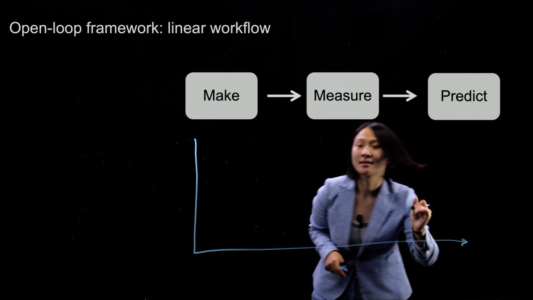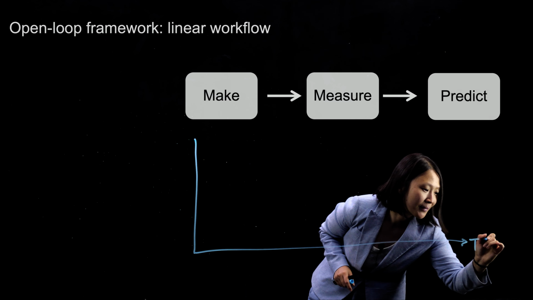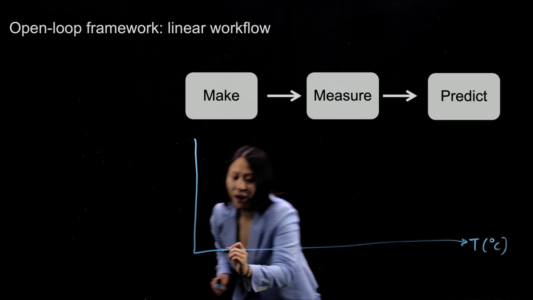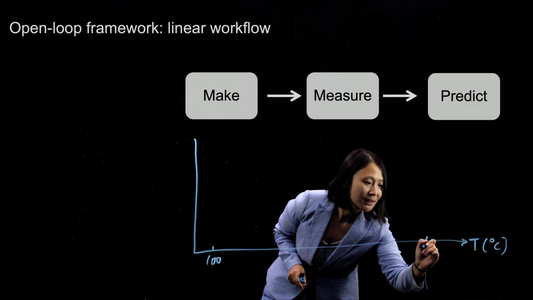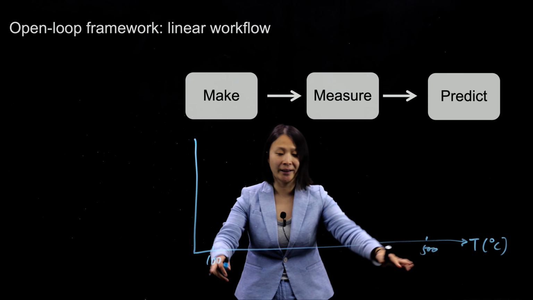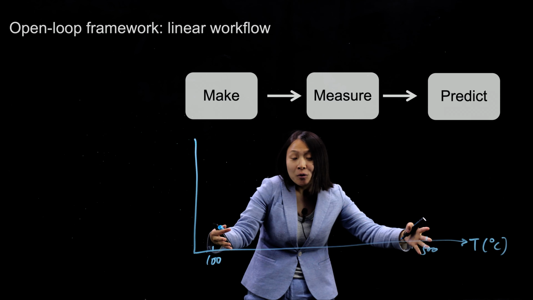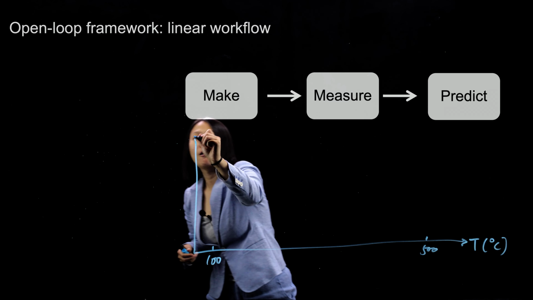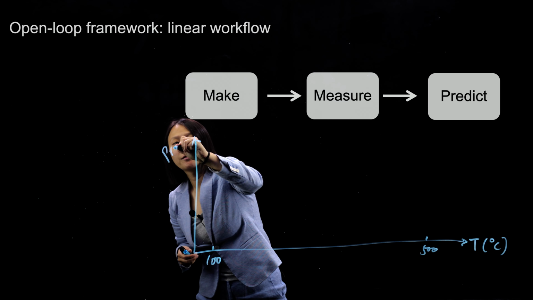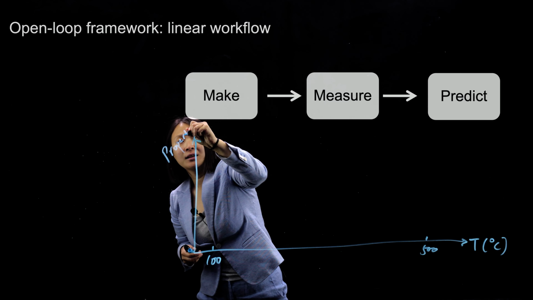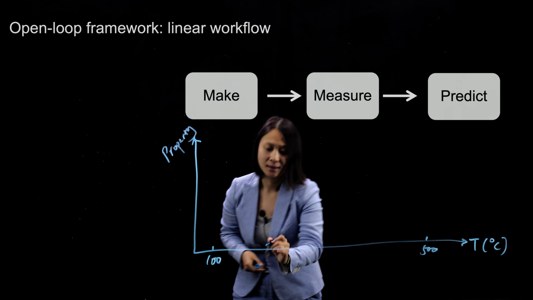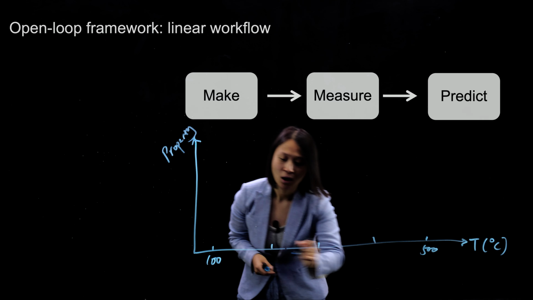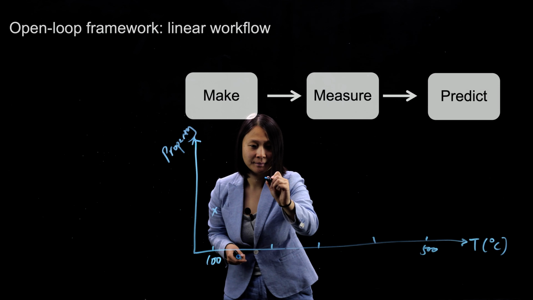as a function of temperature, let's say in Celsius, we are interested in figuring out, between 100 degrees Celsius and 500 degrees Celsius, what would be the optimal temperature window for us to achieve the desired property of interest. So we'll make some samples, and we'll start to take some measurements.